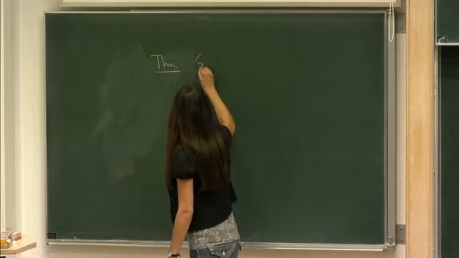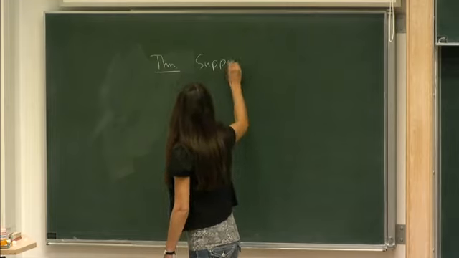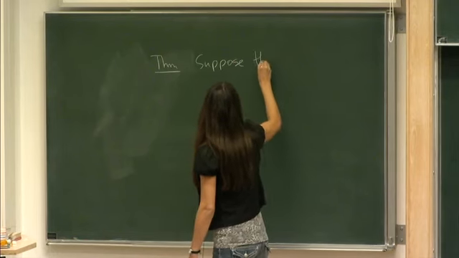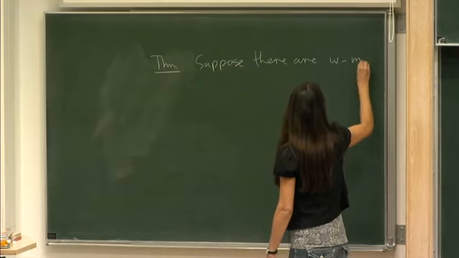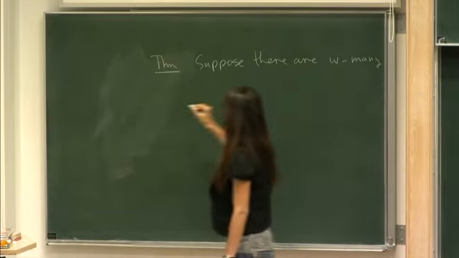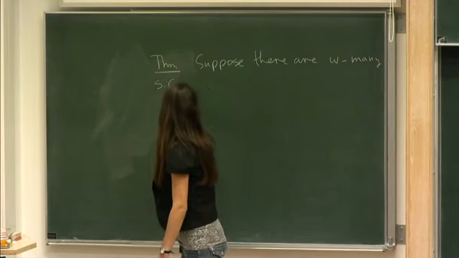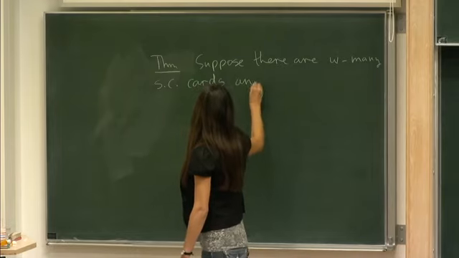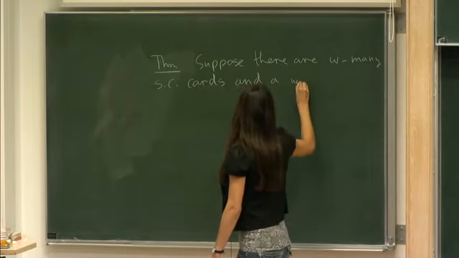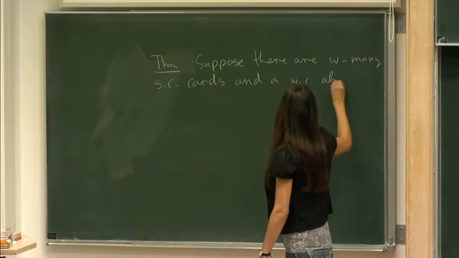I'll suppose there are omega many supercompact cardinals and a weakly compact above them.